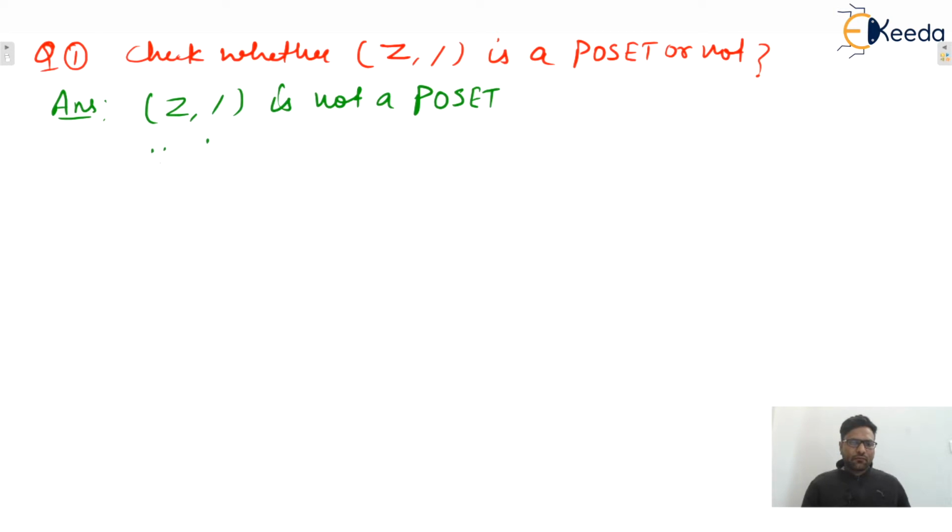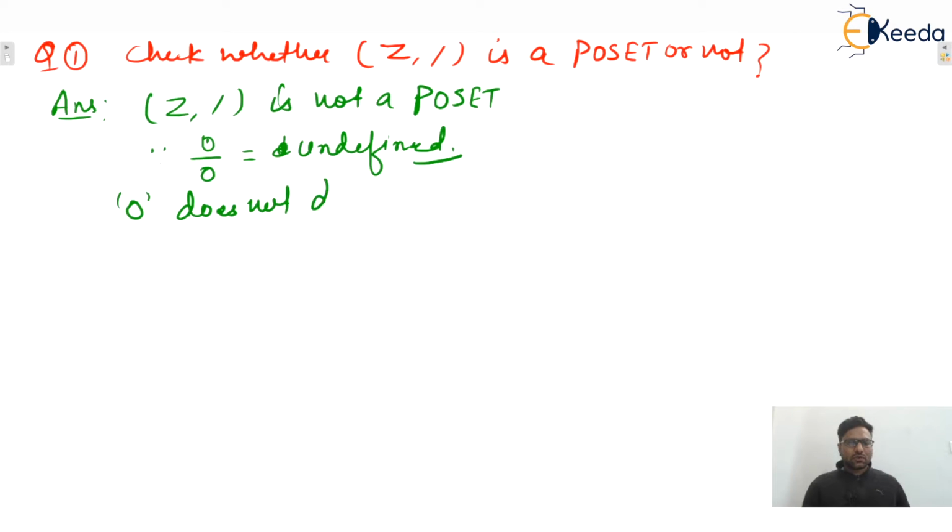Because for reflexivity, every integer must divide itself. So 1 will divide 1, 2 will divide 2, but 0 does not divide 0. This form is what? Undefined, isn't it? So 0 does not divide 0.